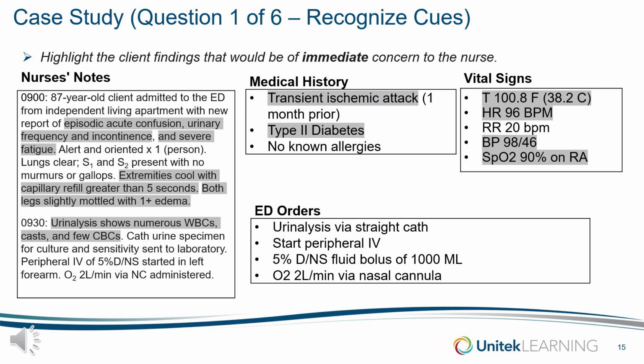So you can consider each option and how it satisfies the priority concern, and that can help you to make correct selections. So thinking of what is expected for the patient versus what is unexpected with each option choice as well. The unexpected findings will be of immediate priority to the nurse.